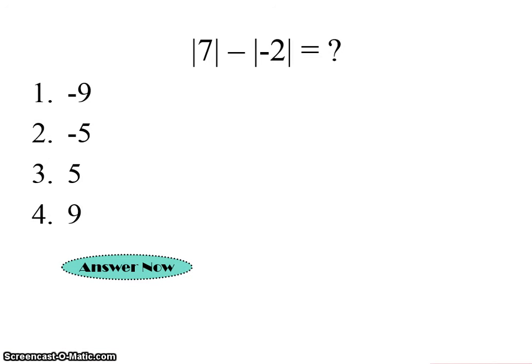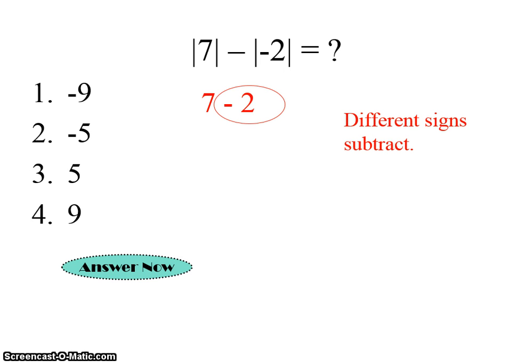Okay, now let's look at this one. 7, take away negative 2. Well, negative 2 becomes positive 2, but it's got a negative in front. This is why we did those problems a while ago, earlier, when they had the double negative. Remember, this is still a negative 2. So 7 minus 2 is 5. So our answer is positive 5, not negative 5.